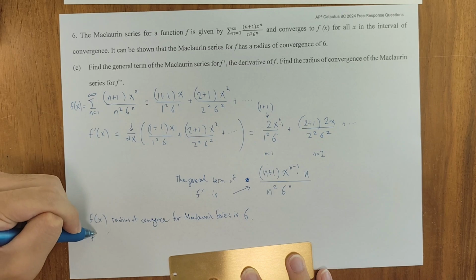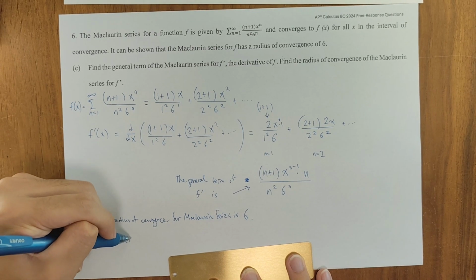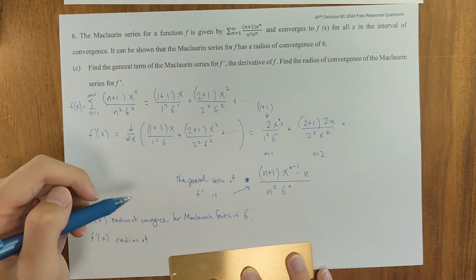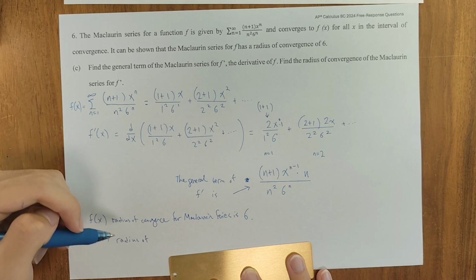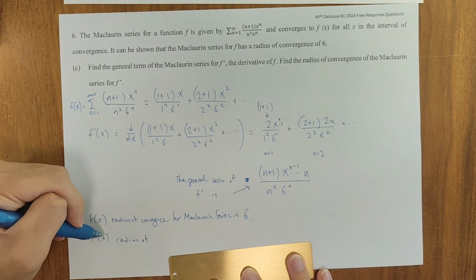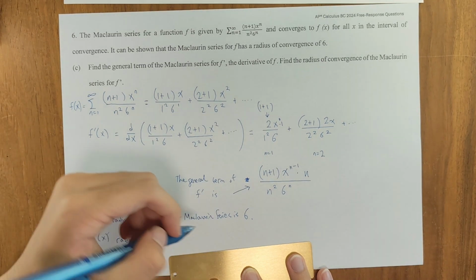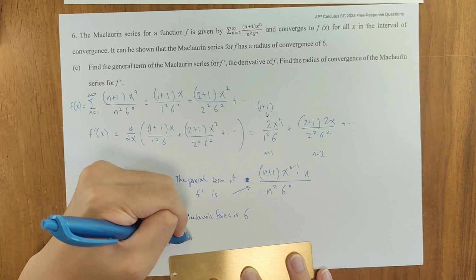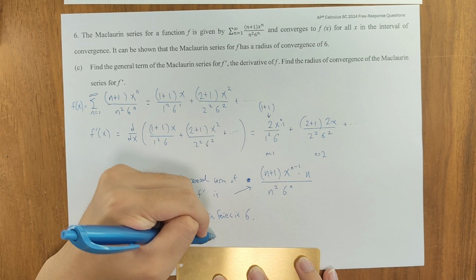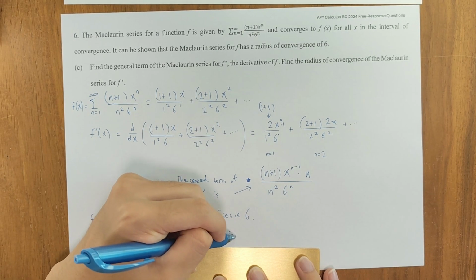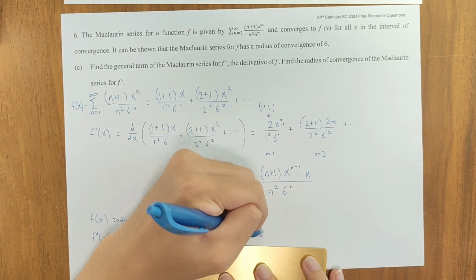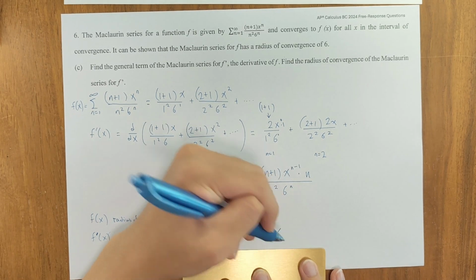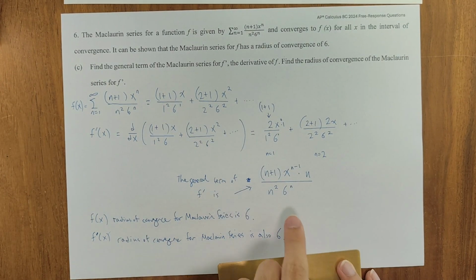Then f prime's radius of convergence is also 6. The radius of convergence for f prime, or the integral of f, is also 6, and it can also be proven using the ratio test.